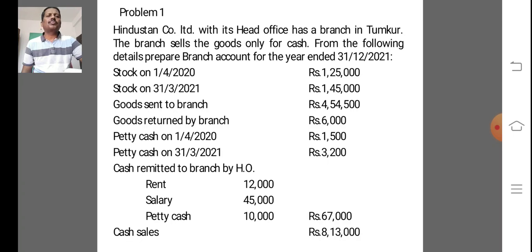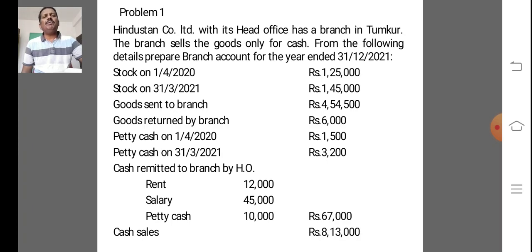Stock on 1/4/2020 rupees 1,25,000. Stock on 31/3/2021 1,45,000. Goods sent to branch rupees 4,54,500. Goods returned by branch rupees 6,000. Petty cash on 1/4/2020 rupees 1,500.